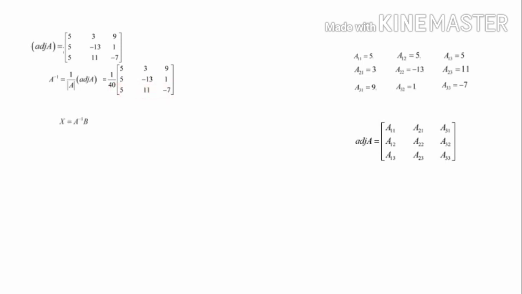Next we have to find X, that is X is equal to A inverse into B. Let's substitute the values: A inverse is 1 by 40 into that matrix, into the B matrix, our constant matrix written before, that is 5, minus 4, 3.